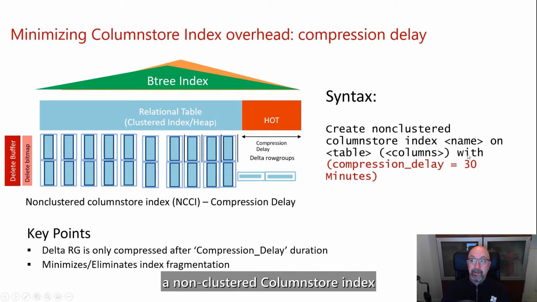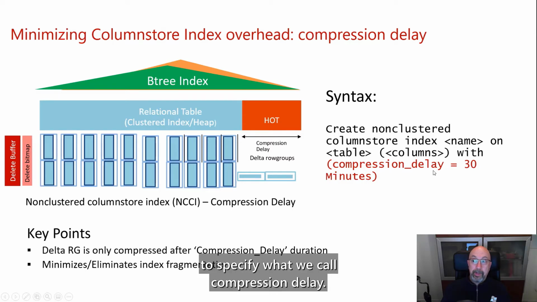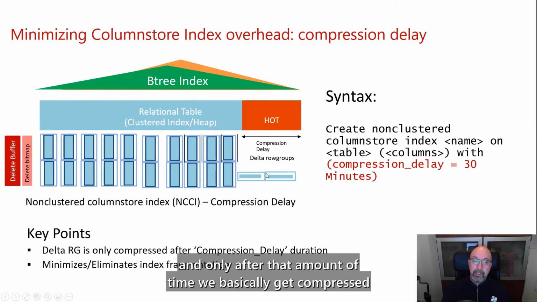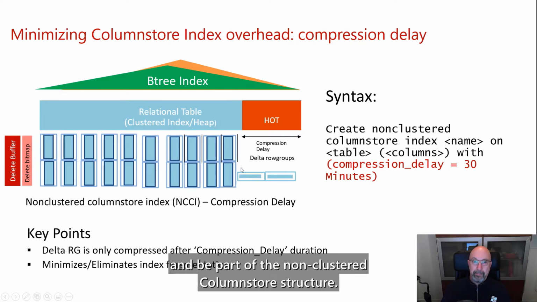So in order to deal with this situation, there is an option when we create a non-clustered column store index to specify what we call compression delay. This means that for this particular amount of time, new data living in the row store in the delta store will stay there, and only after that amount of time will it get compressed and become part of the non-clustered column store structure, right?